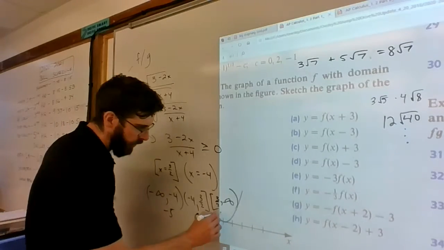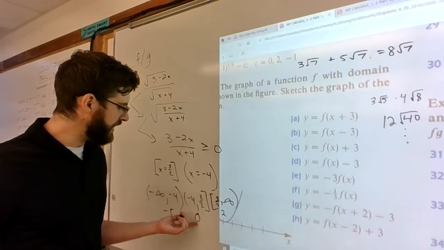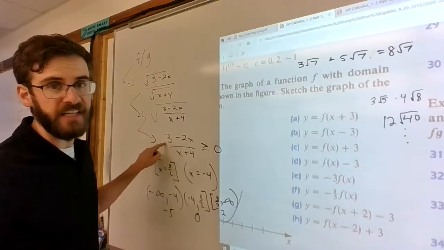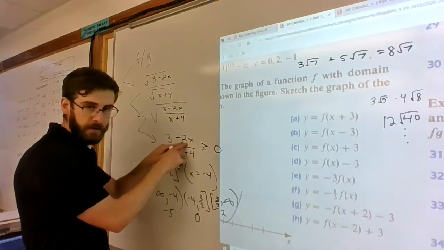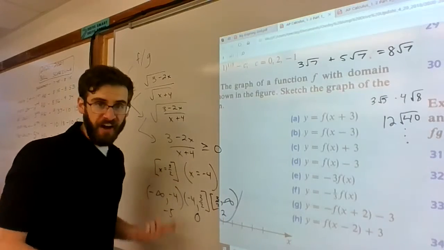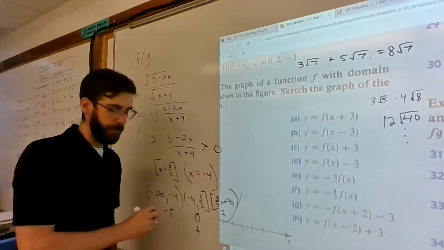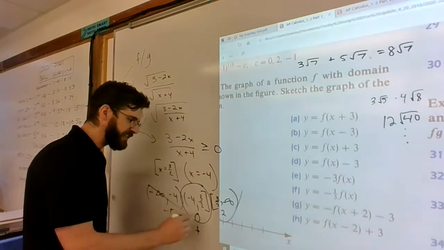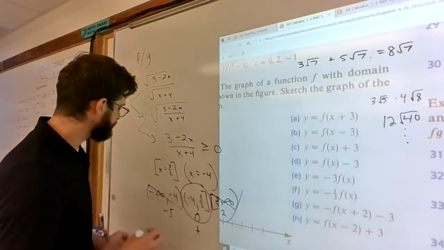Testing the same points, I'm still going to get positive for 0 because instead of 3 times 4 like you had over there, it's going to be 3 divided by 4, which is still positive, which is still greater than or equal to 0. So this would be our domain for f minus g, and testing these two also yields results that are negative and they don't work at all.